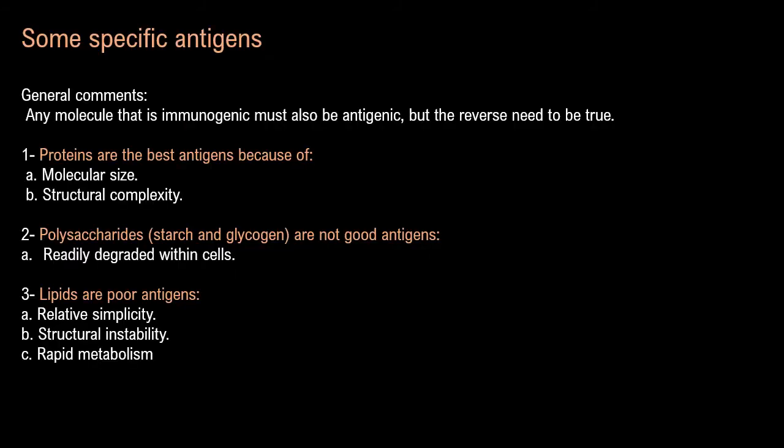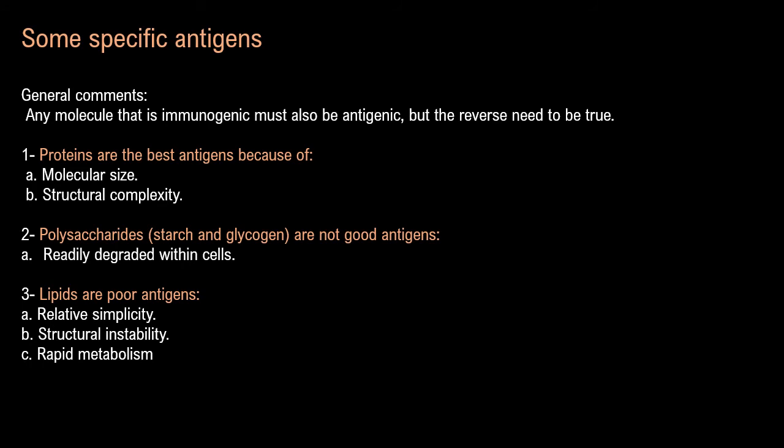Now some specific antigens, we will look at this list. General comments: any molecule that is immunogenic must also be antigenic, but the reverse need not be true. It is like all enzymes are proteins, but all proteins are not enzymes.